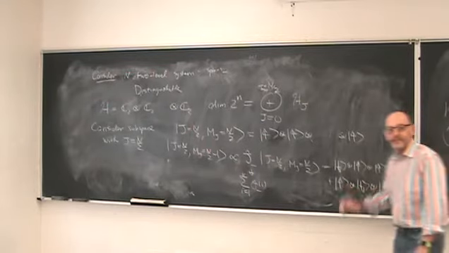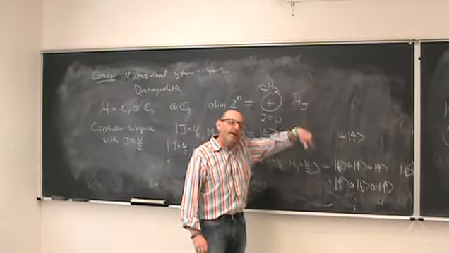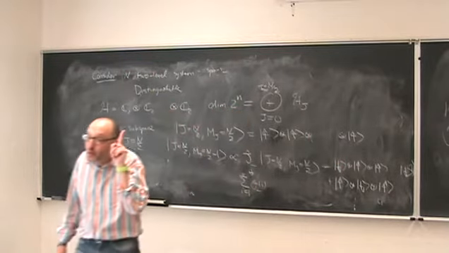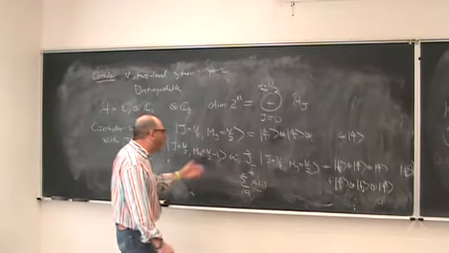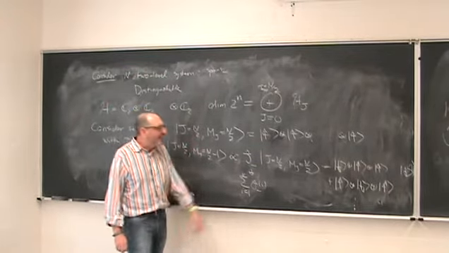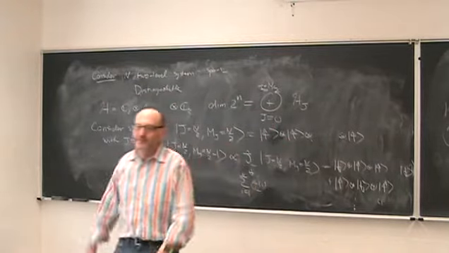Each term in this is a superposition where one of the spins was lowered, but I don't know which one. And then I would do it again, and I would get two lowered, but I don't know which two.